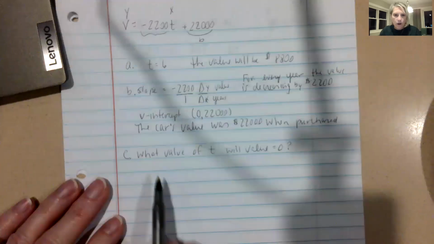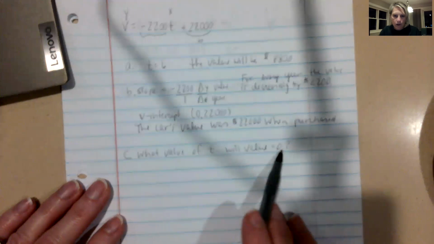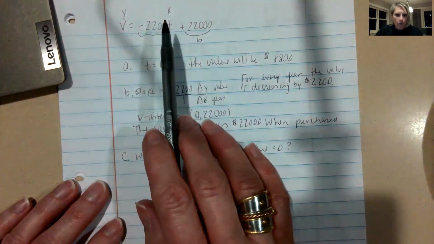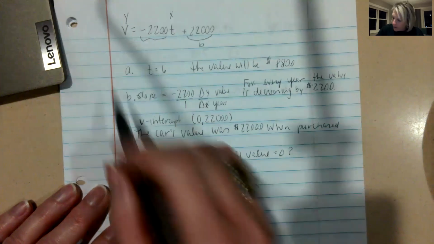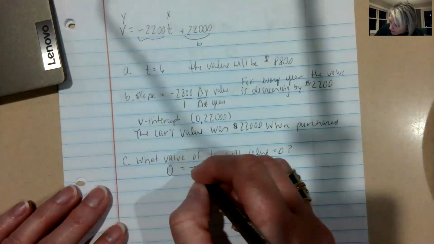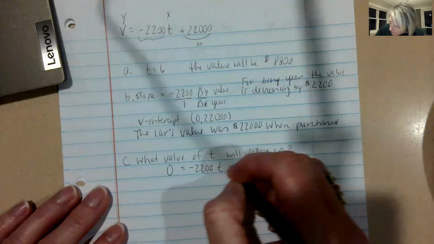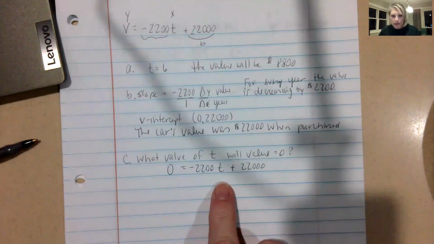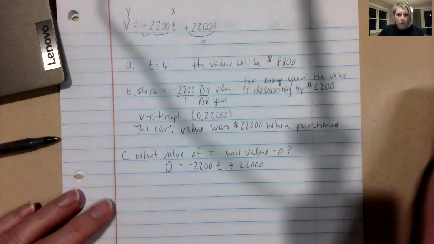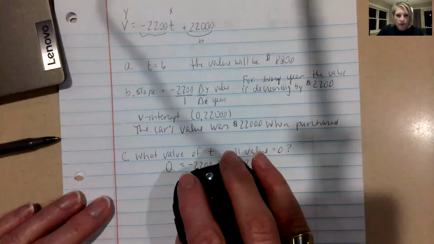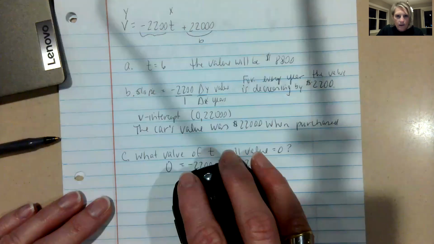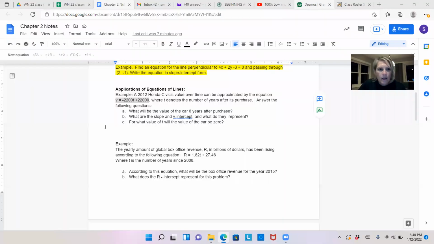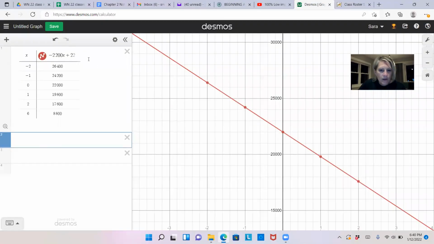And the last question says, what value of t will the value equal 0? So what year will my value equal 0? So I'm really looking for this value, and I can use Desmos. We could solve for this using algebra, but I really want you to see the value of Desmos. So let's just go and look at that here. And we can put in our equation. We've got it there.